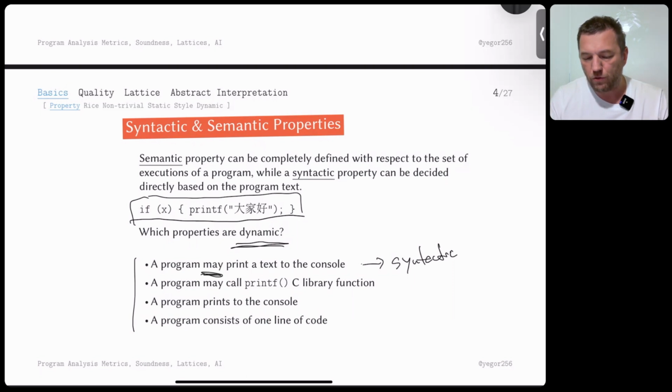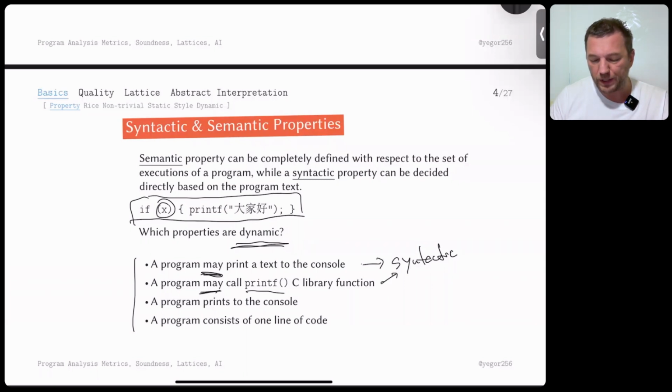X may be true, X may be false, we don't know, but there is the possibility that the text will be printed to the console. The second one, a program may call the printf function. The same. As long as we say may, it means that it's possible that the execution will be there, so the call will happen. So we can say this is also a syntactic property, as far as I understand it.